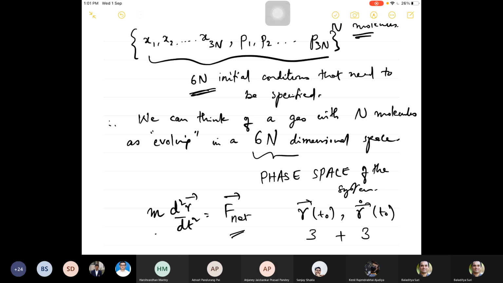This trajectory is in the position and momentum space. So the trajectory of the overall system with all n particles is in a space of 6n dimensions, and this space is called the phase space. Is that clear?